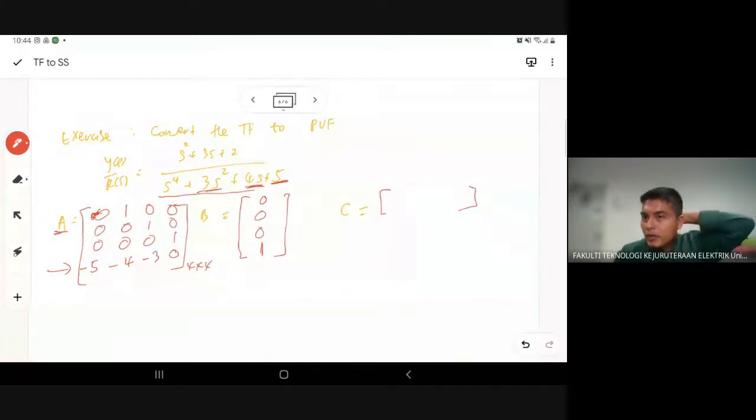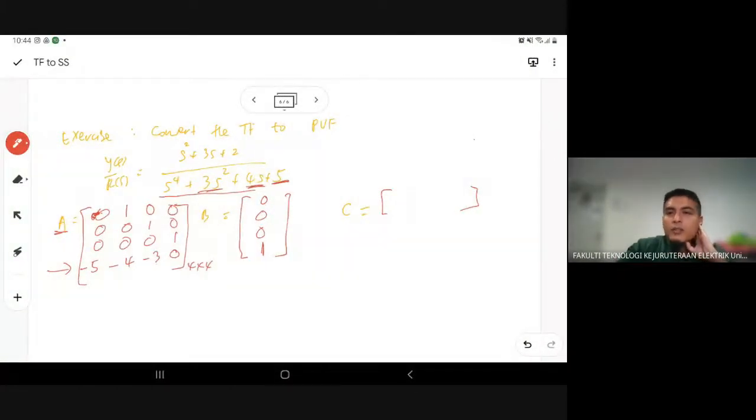Is Daniel there? Daniel Ashmawi. Devendran. Why is the C matrix Devendran?